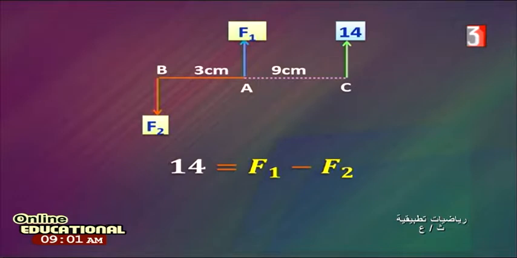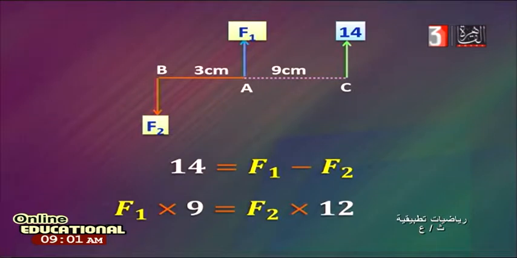Therefore, my dear student, we need another equation. We know F1 times AC equals F2 times BC. When we have two forces that are parallel in opposite directions, as F1 and F2, we multiply F1 times AC equals F2 times BC.